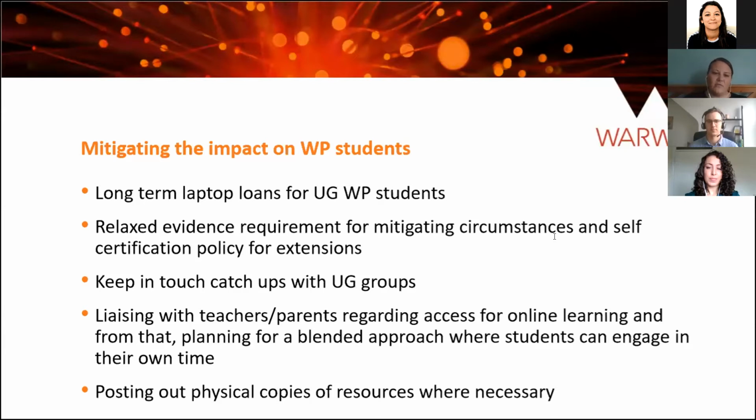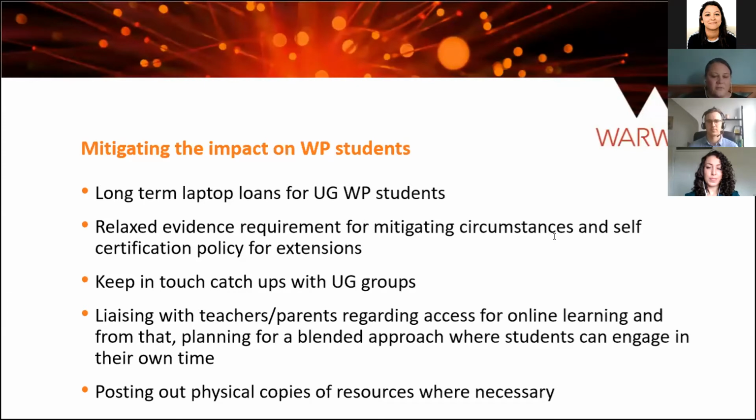So they have relaxed the evidence requirements for that, and they've introduced a self-certification policy for requesting extensions and things like that. So while those aren't WP specific, we're really pleased because we really think they're going to be of benefit to WP students.